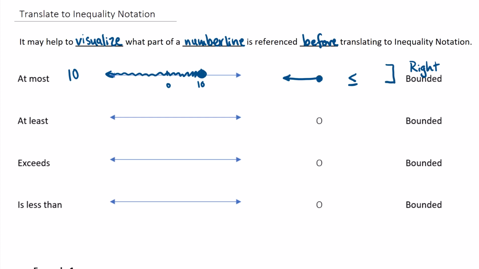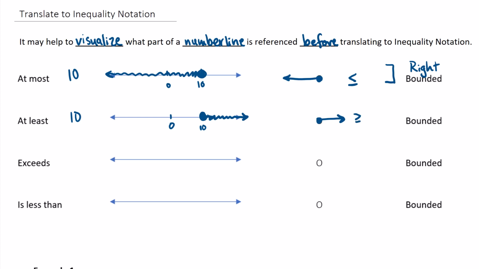If we say at least 10, this is again starting at 10, but this time our minimum value is 10. We can include 10, but we have to go to the right of 10. We cannot include values less than 10. So our arrow would be a filled in dot at 10 with it pointing to the right this time.